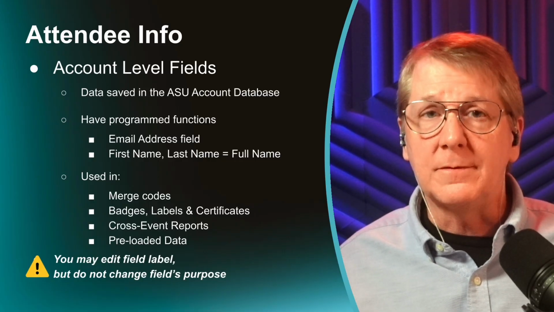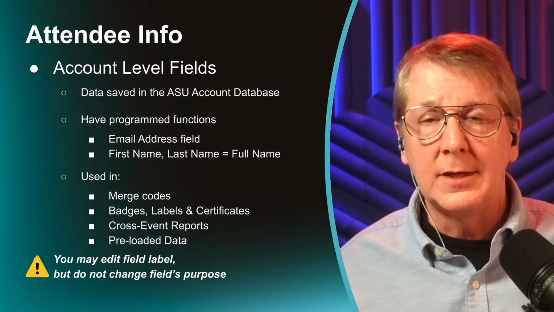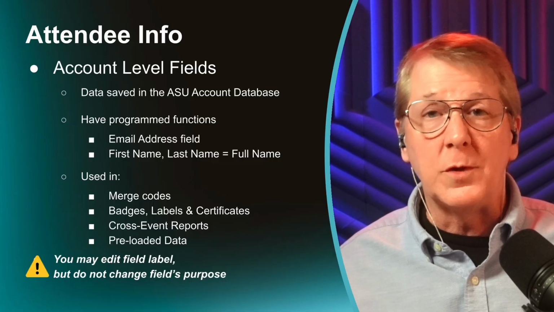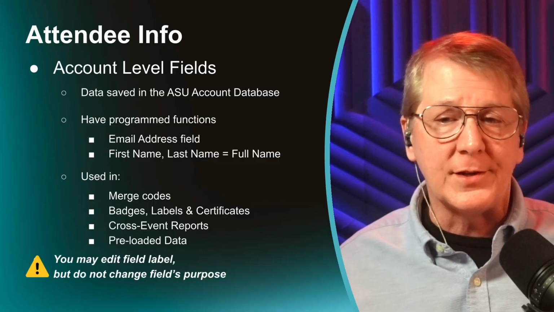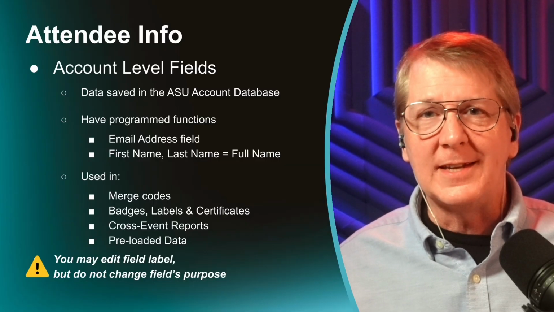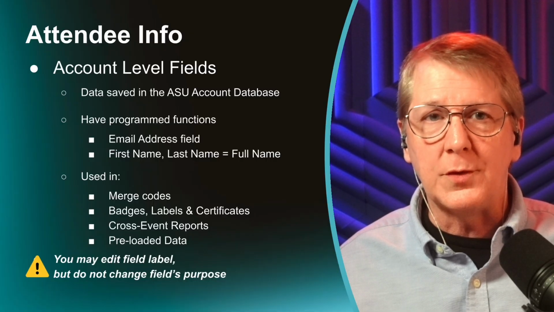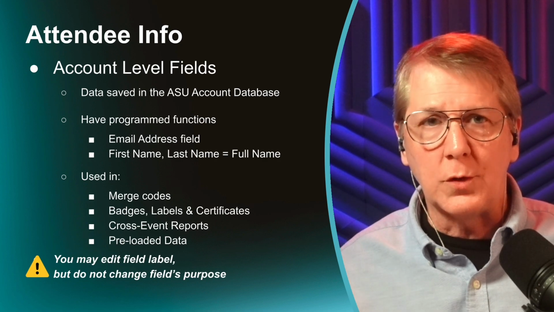Take the account level first name and last name, and the system automatically combines those to create a full name field when you start generating reports or badges. Also, there are some additional special fields, and I'll point them out, that have programming to them. Easier to point them out as we go along.